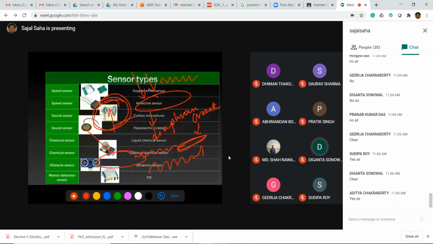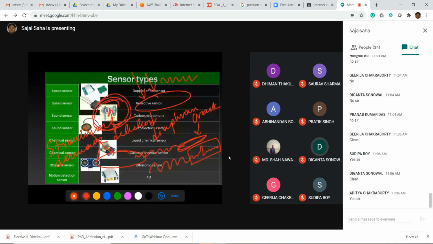That is why piezoelectric crystals are used for structural damage detection. It is very useful for the smart building concept.